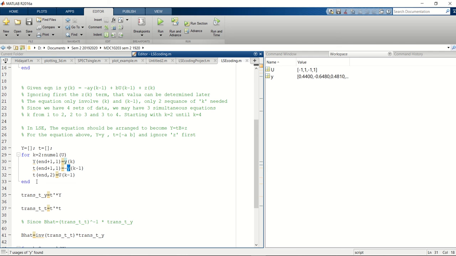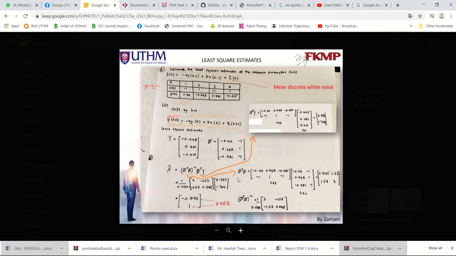Okay, second iteration, k equals 3, so k minus 1 is 2, so y2, this value, negative of it, and then third iteration k equals 4, so y3 is this value. Okay, so the second column here we put the value of u. Remember, it comes from this. Okay, so for theta we have first column and second column, right?